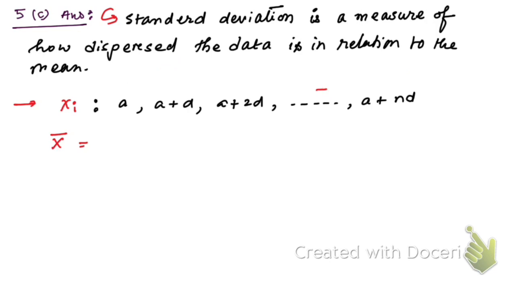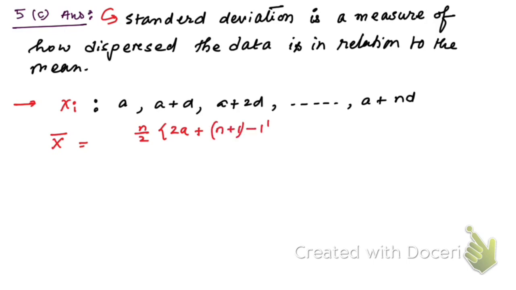Now the sum of all these: these numbers are in AP, so we can use the formula for the sum of n terms of an AP, Sn equals n by 2 into (2a plus (n minus 1) d). Here we have n plus 1 terms, including a, so replace n by n plus 1.